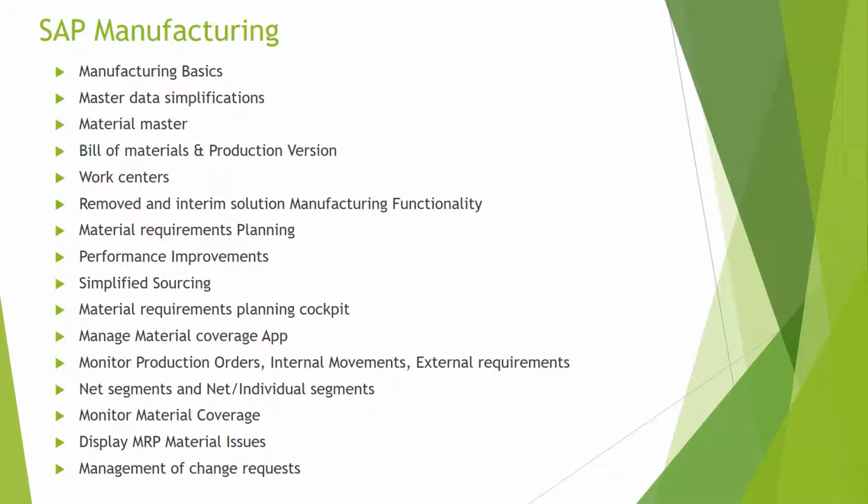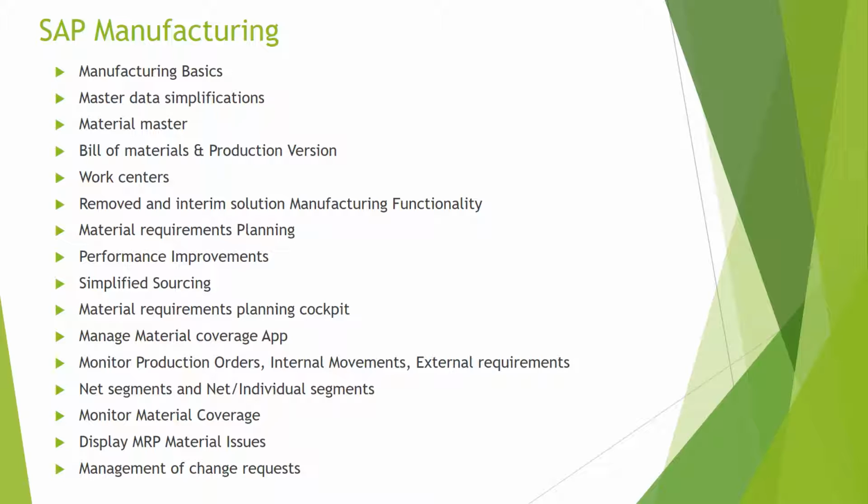The MRP cockpit can be customized for each MRP controller. Within this app, the material planner can view and react to all material planning situations, including material shortages, upcoming material shortages, delayed inbound material, and current stock situations.